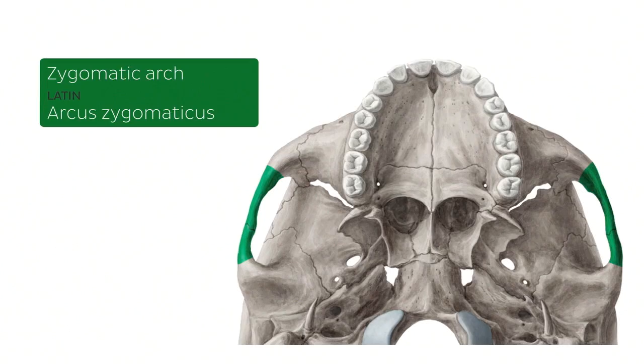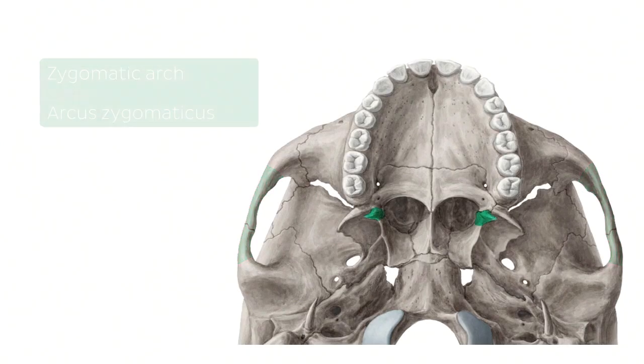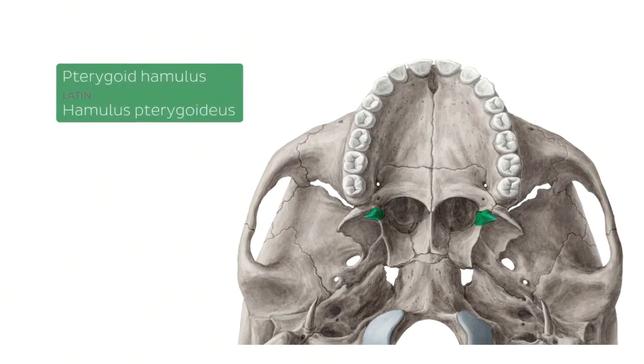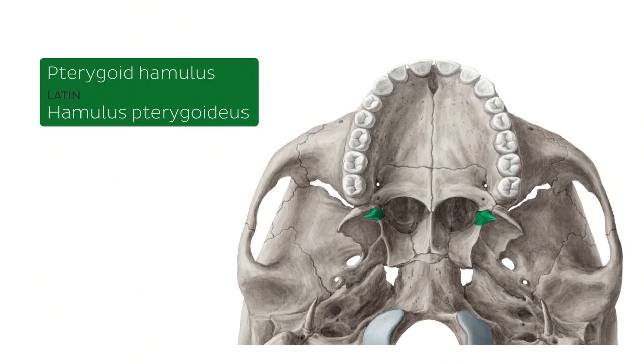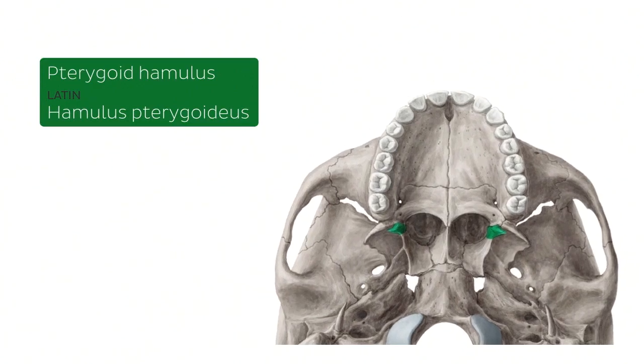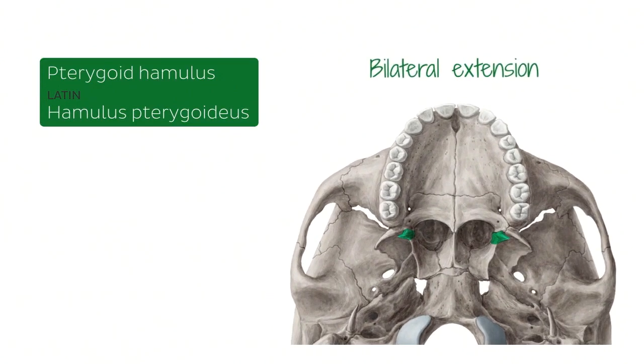The next structure that we're going to talk about is actually paired and is known as the pterygoid hamulus. And this refers to a bilateral extension of the medial pterygoid plate of the sphenoid bone at the base of the skull. And you can clearly see here the medial pterygoid plate on each side and the lateral pterygoid plates as well.